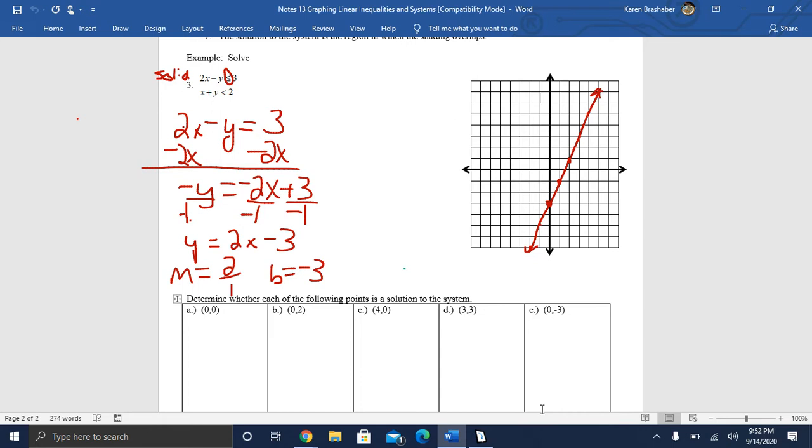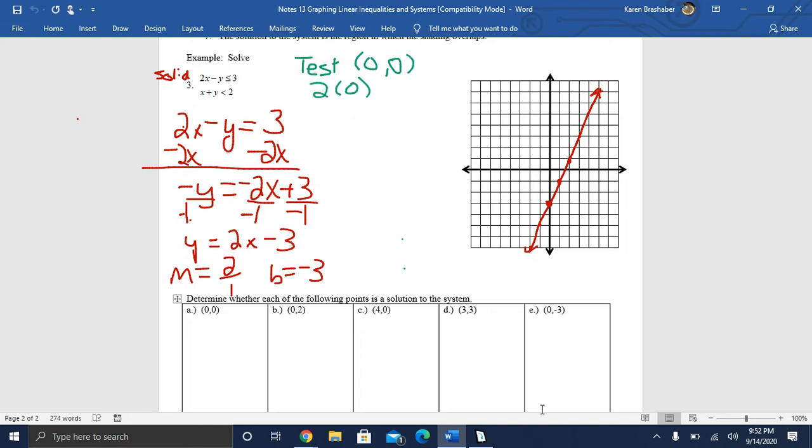And then I recommend that you go ahead and do your test point for this line just to see where that part of the shading is going to go. So your test point of 0, 0 will work. I'm going to put 0, 0 into my 2x.